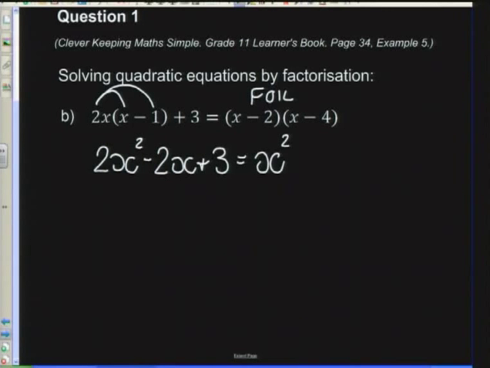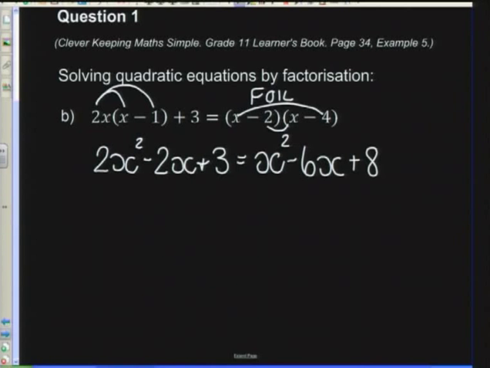When we do our outers, I get negative 4x. And when I do my inners, I get negative 2x. So together, negative 4 and negative 2 give us negative 6x. And when we do our last, negative 2 times negative 4 is going to give us positive 8.